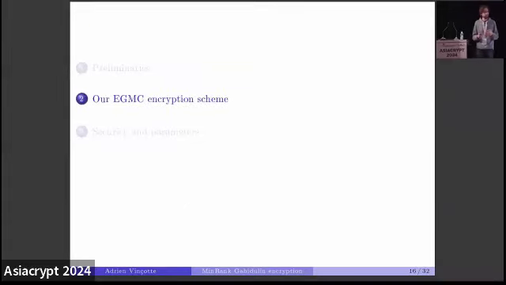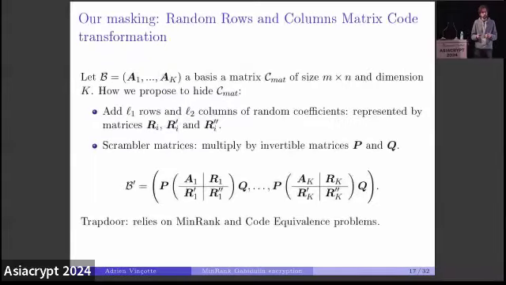So now we have these preliminaries, I will explain what our new scheme is. I will begin by presenting our new masking of a matrix code. If we have a basis of a matrix code, we will add some rows and columns of random coefficients to all elements of the basis, of course different coefficients for each element of the basis, which we represent by matrices R, R', and R''.